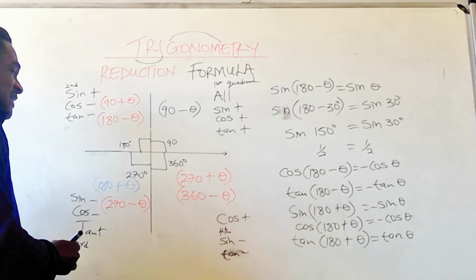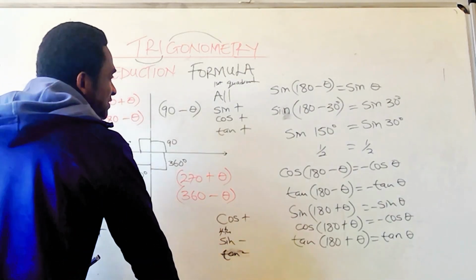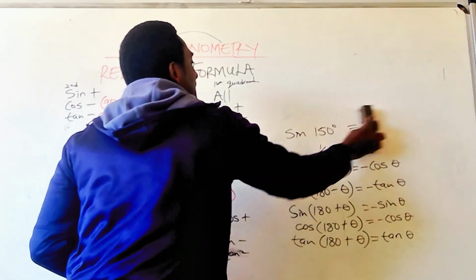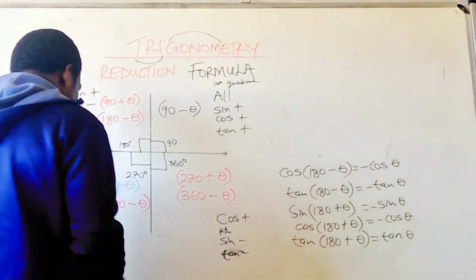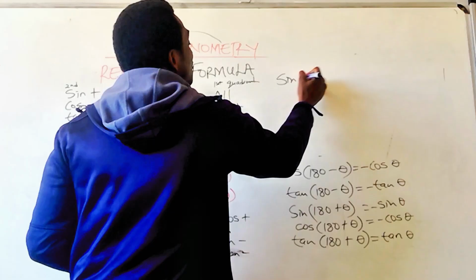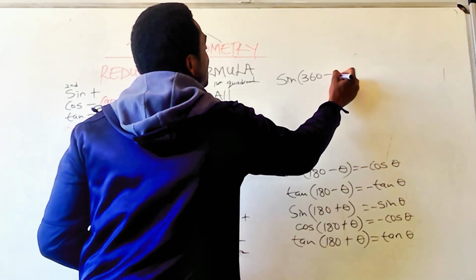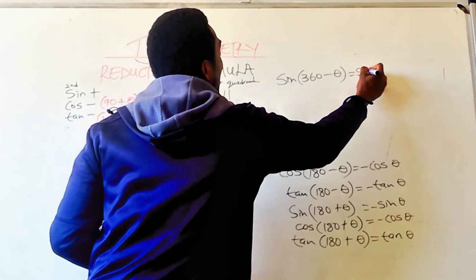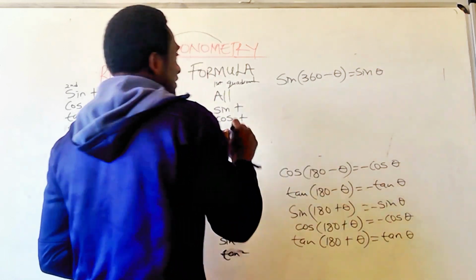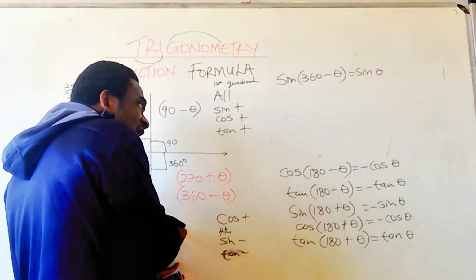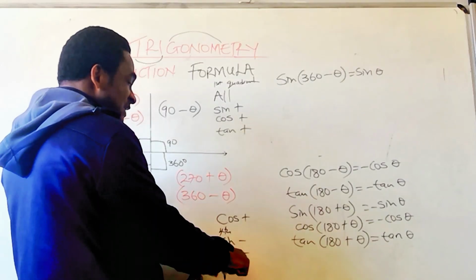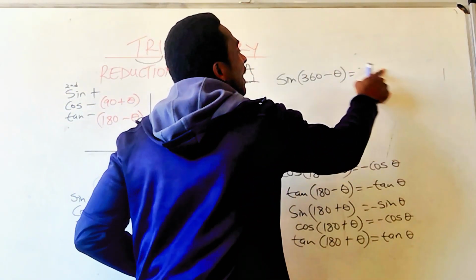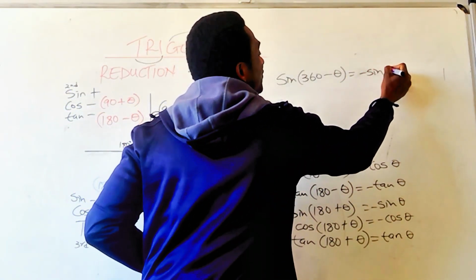And then lastly, we'll look at the 360s. We have sine of 360 minus theta. This is in the fourth quadrant. Be careful, in the fourth quadrant sine is negative, so we will have negative sine of theta.